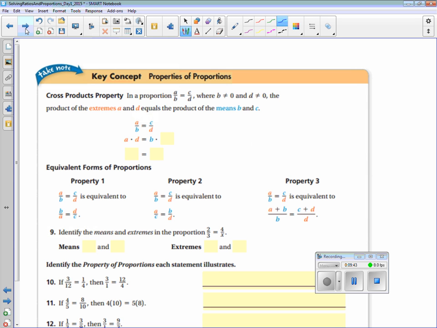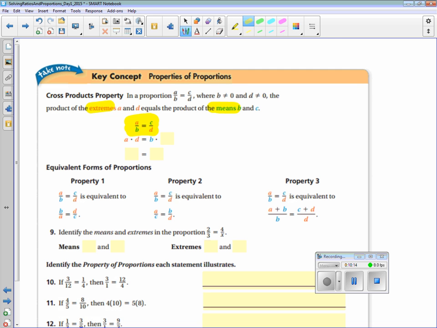So here's a key concept. Here's some things that you need to make sure you know. You don't need to copy it all down, but what I do want you to pay attention to is what an extreme is versus what a means is. So you need to make sure that you write this. Here is our problem. The means are the blue, the B and the C in this case, and the extremes are the A and the D. That's really all you need to write.